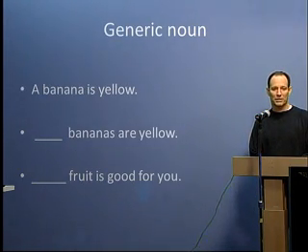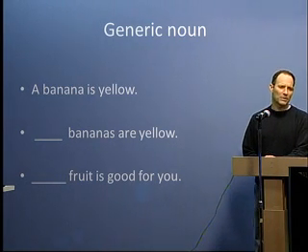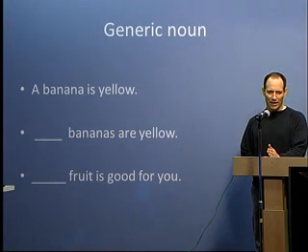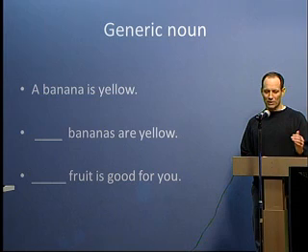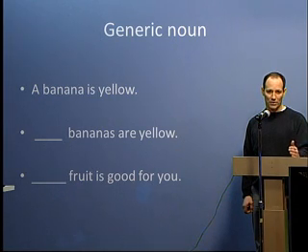So first let's talk about generic nouns. Look at the first sentence. We've seen this before. A banana is yellow. Banana is a singular count noun. So, for a singular count noun, when it's a generic noun, I'm speaking about something in general, we use a or an.